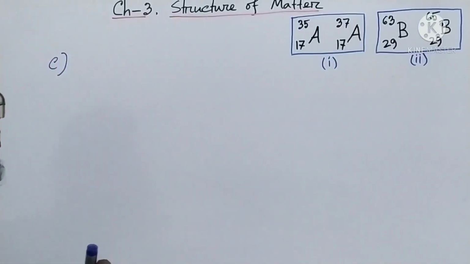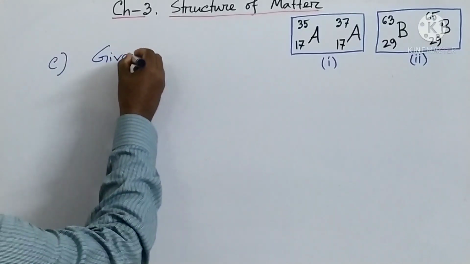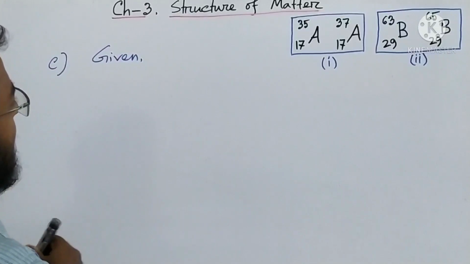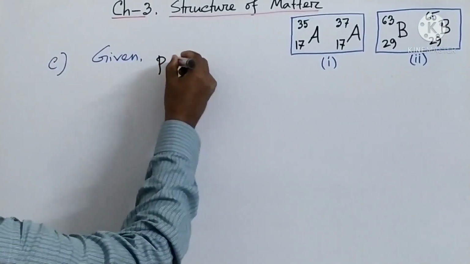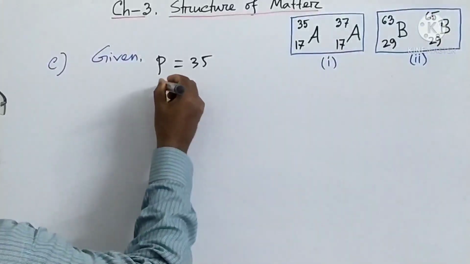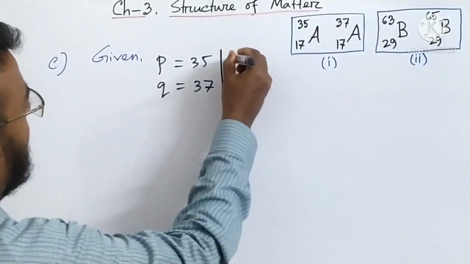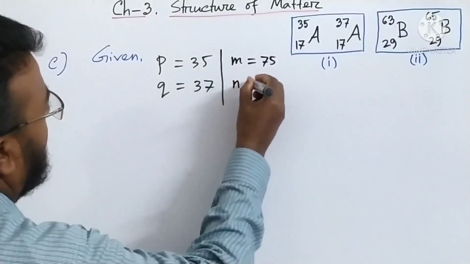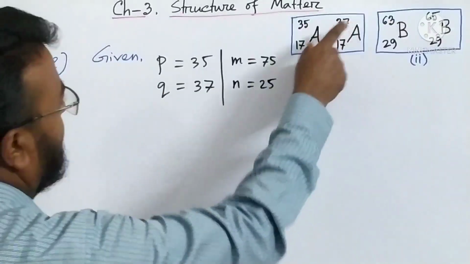Okay, now everybody see what is given. Let us write it first. Here it is given P equal 35, then Q equal 37, then M equal 75% and N equal 25%. These are given in the question and I have written them from the stem.